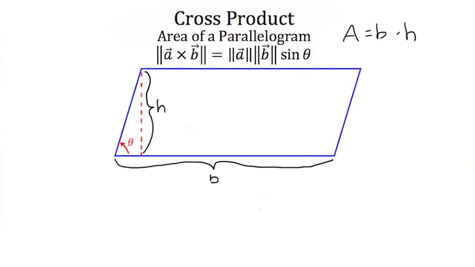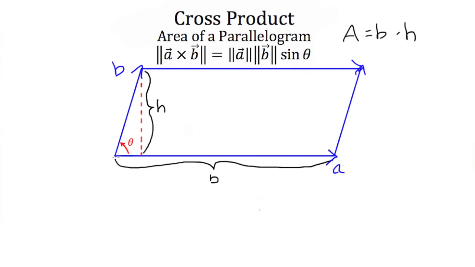Now, if I have two vectors, I'll call this one A and this one B, then these two vectors kind of create a parallelogram. If I draw another B vector over here and another A vector up here, I have a parallelogram.